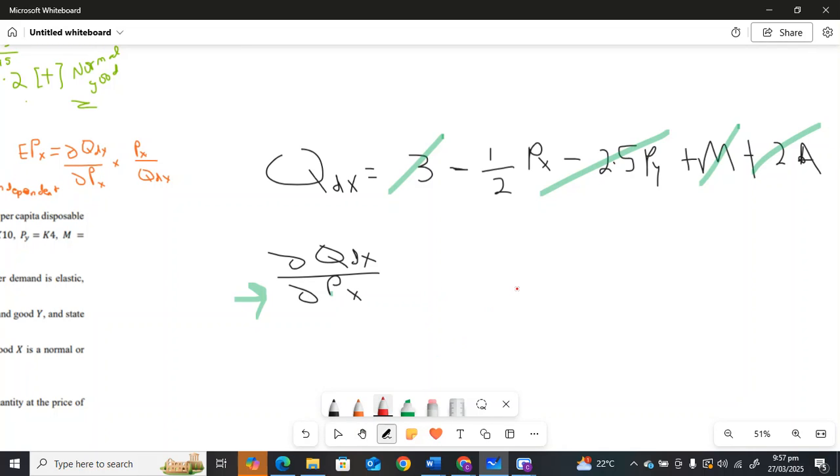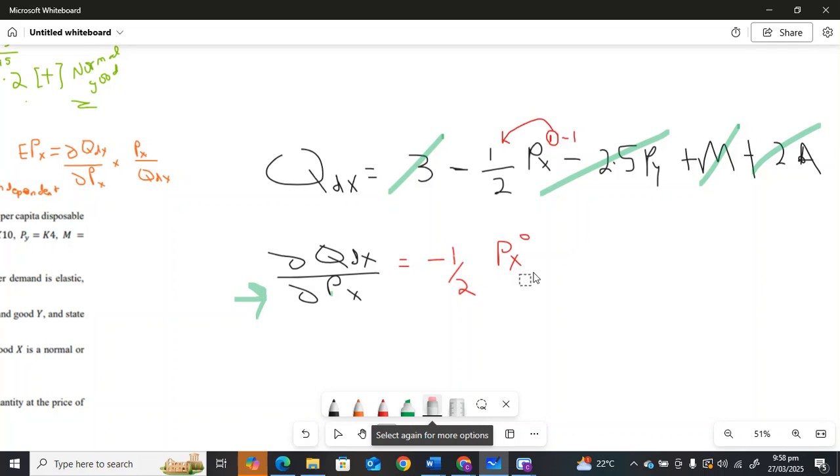So this px is like it's to the power 1. And remember, with differentiation, you multiply the exponent with the coefficient, 1 times negative half, you're going to get negative half. Then you subtract 1 from the exponent, 1 minus 1, that is 0. So you have px to the power 0. And colleagues, what do we say? Anything to the power 0, what does it become?